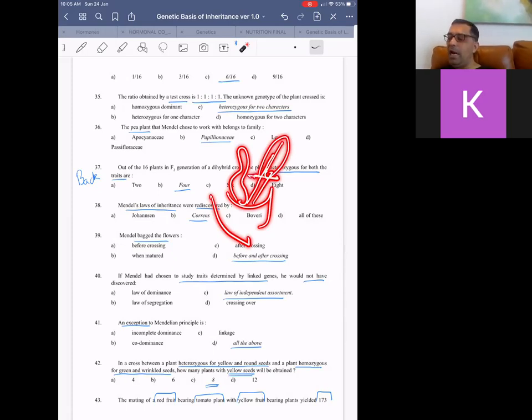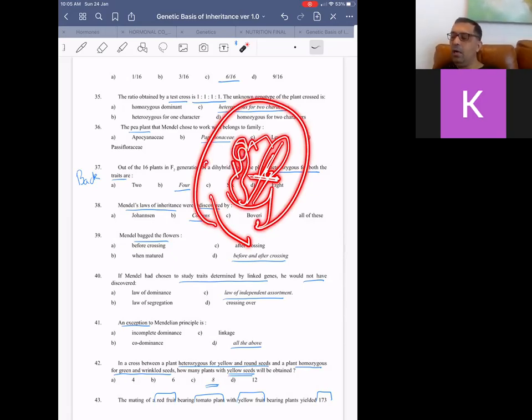Filament और anther कट करके self pollination prevent किया. Why did he do bagging of the female flower? After emasculation, सिर्फ gynoecium रह गया. So it is a female flower. और उसका bagging किया to prevent unwanted cross pollination from some other plant.